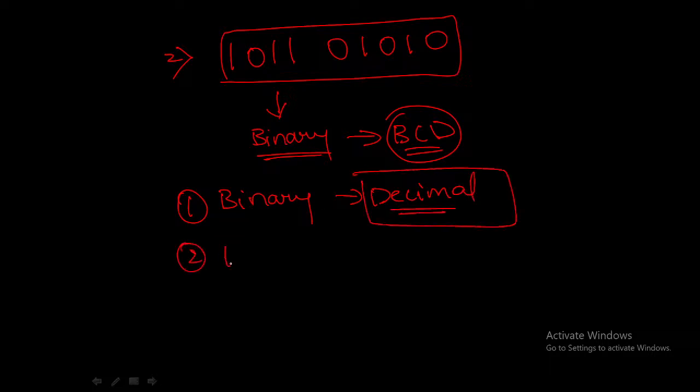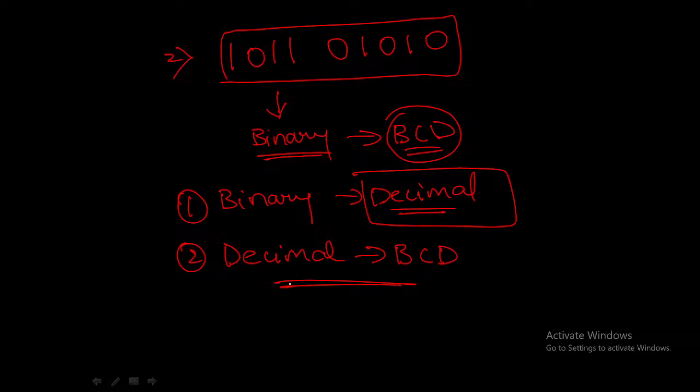Then we have to perform decimal to BCD conversion. So if we want to convert a binary number into a BCD number, first we have to convert the number into decimal, and from decimal to BCD. This is how we are going to convert a binary to BCD number.